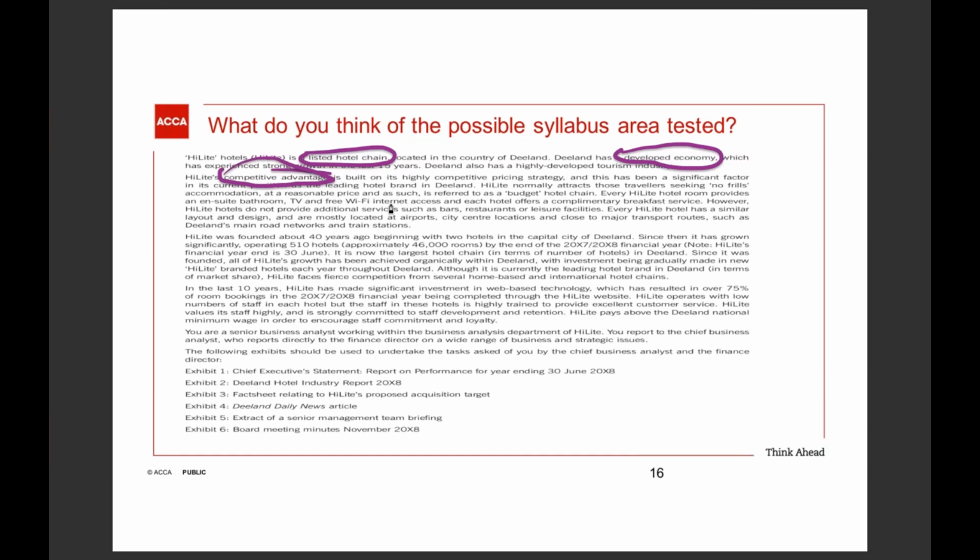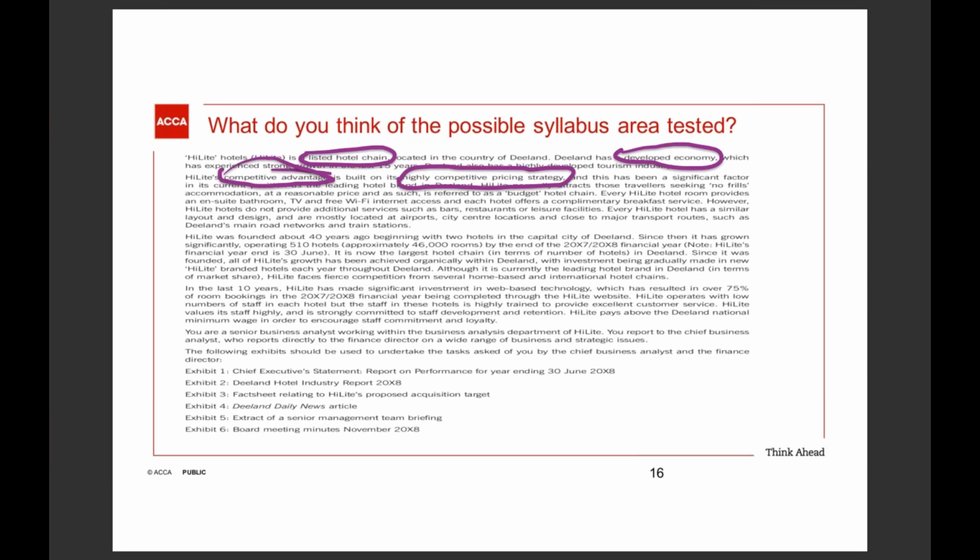It is something that this particular hotel is having that enables them to compete in the hotel market and to get high revenue. So basically the competitive advantage that they have is on pricing strategy.